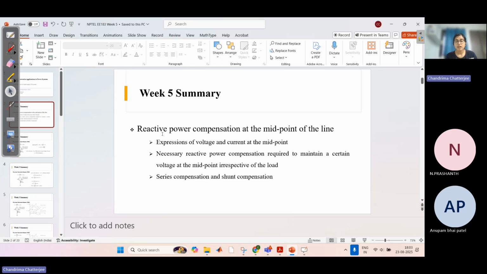Last day we saw why reactive compensation is required, and today we shall discuss what is the way to do that reactive power compensation. We already discussed that we need some inductive reactance or some capacitive reactance, based on whether we require to absorb the reactive power or to provide reactive power.